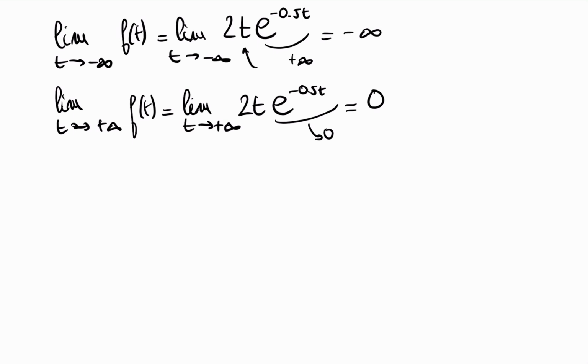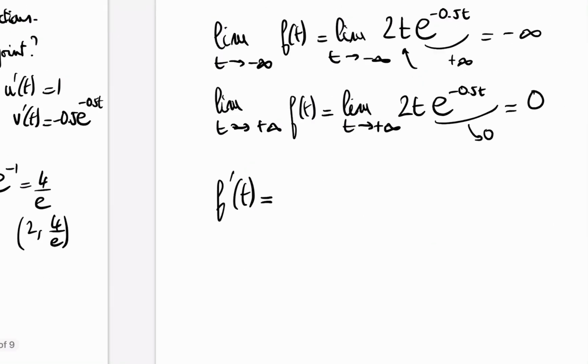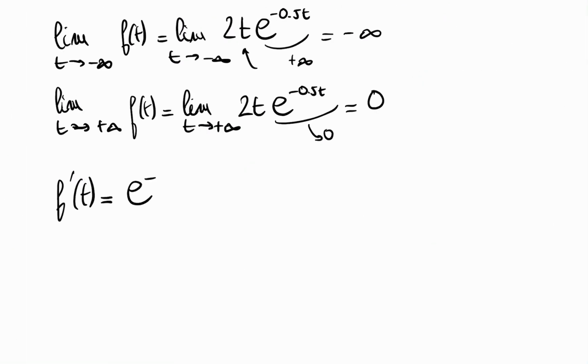Okay, now let's look at the second derivative. So we knew that f prime was equal to e to the minus 0.5t times 2 minus t. If we were going to differentiate that again, we would again use the product rule.